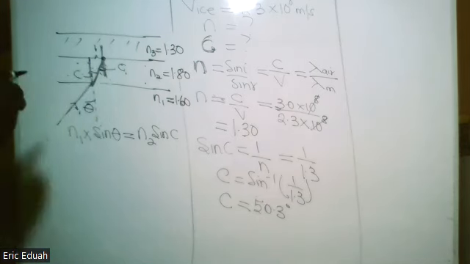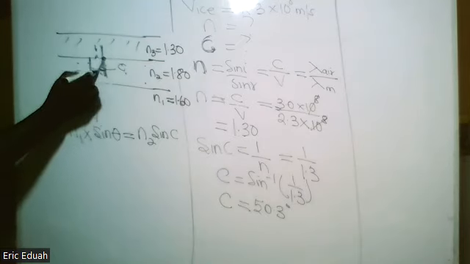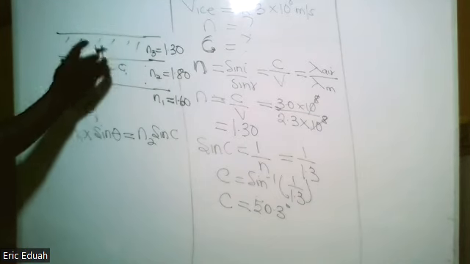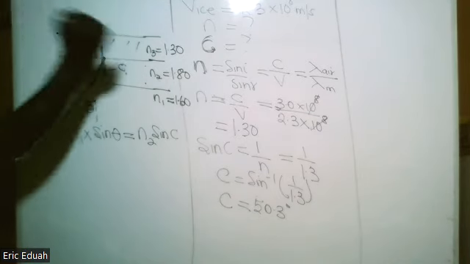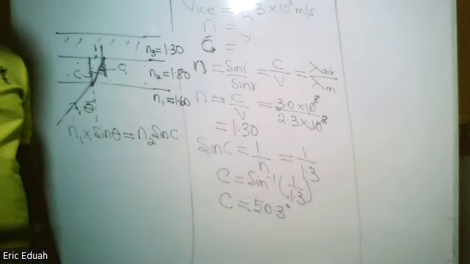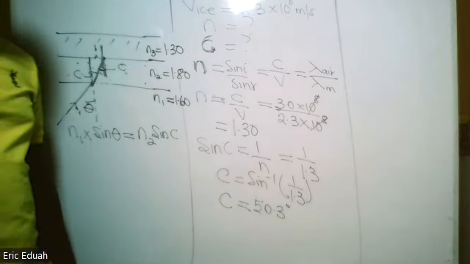I'm coming. So if the light is incident on the critical angle of material 2, what will be the angle of refraction in material 3? What will be the angle of refraction in material 3? 90. 90 degrees.